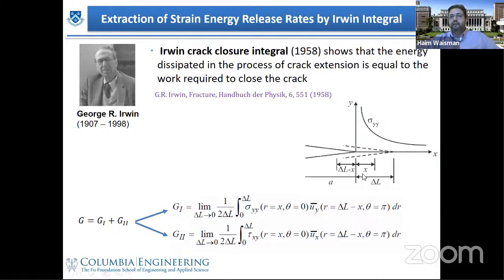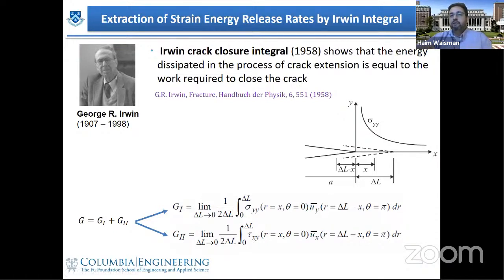So essentially this Irwin integral is given by the following analytical terms, right? So we have, for example, G1 and G2, stress intensity factors. One should integrate with the integral limits from 0 to delta L. Delta L is a very small distance ahead of the crack tip. You should integrate the stresses and the opening displacement behind the tip, right?